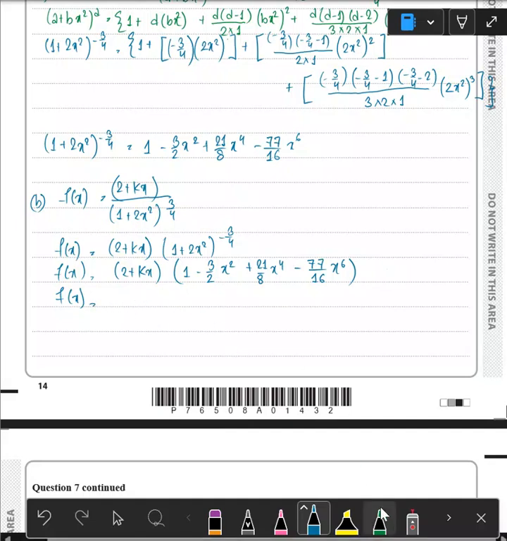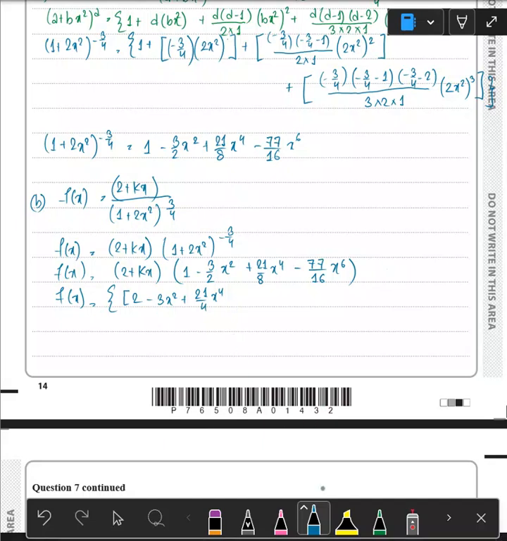So multiplying 2 with 1 is just 2. 2 multiplied by negative 3 by 2x squared is just negative 3x squared. 2 multiplied by positive 21 by 8x to the power 4 is positive 21 by 4x to the power 4.